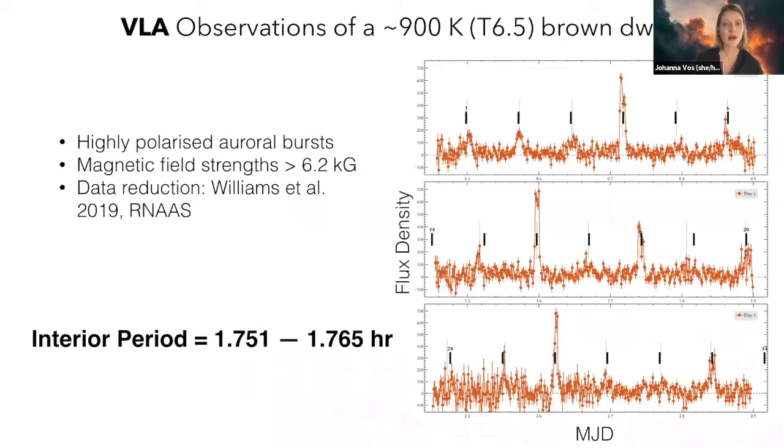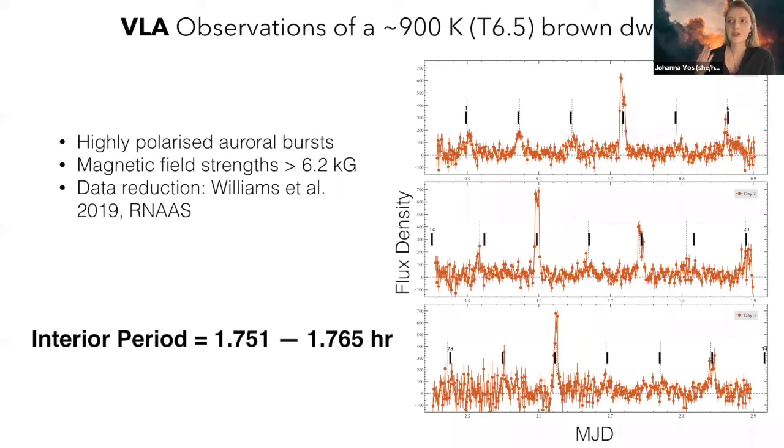Next, we went back to observe this object in the radio again to pin down the radio period even more. So we observed at 4 to 8 gigahertz with the VLA for 3 nights in a row, as you can see in the 3 panels here. We observed the periodic circularly polarized radio bursts that are expected of radio emission.